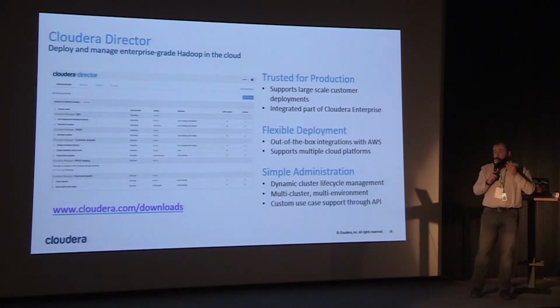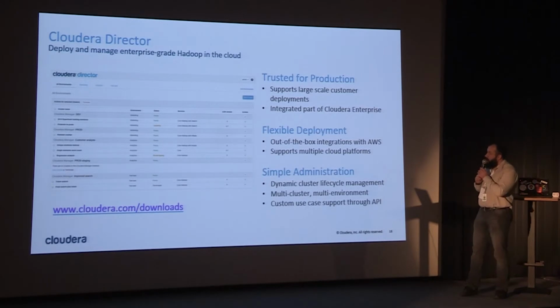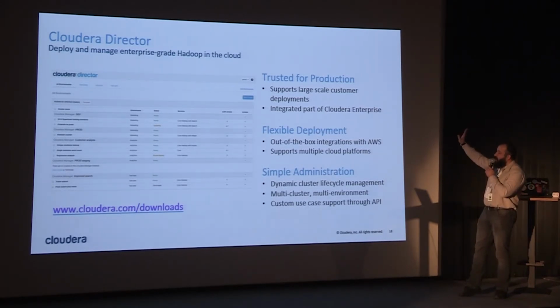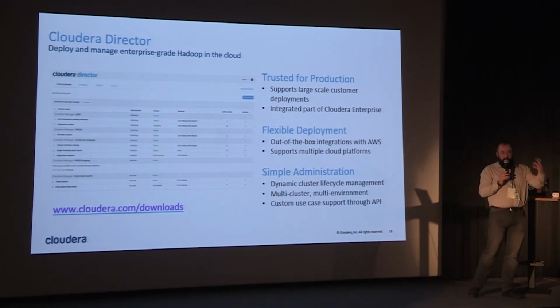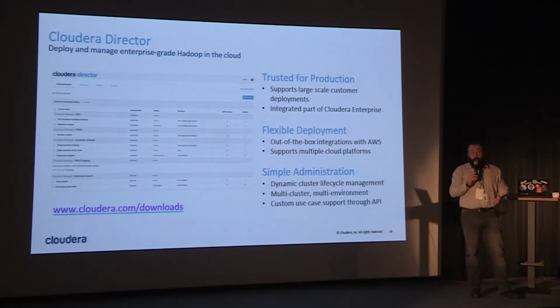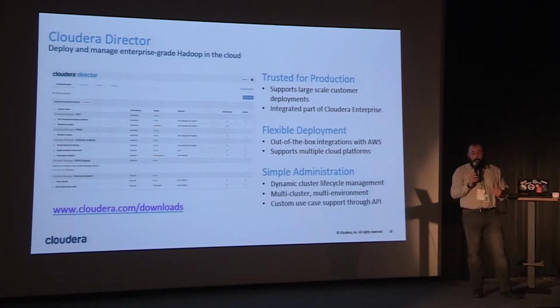Because, for example, you could ask me, okay, you have this Cloudera Director, and you are telling me that it is flexible, fancy, and simple for administration and things like that, but we also know that AWS has Elastic instances shipped with Hadoop. Why should I use Cloudera Director instead? And here is the answer.